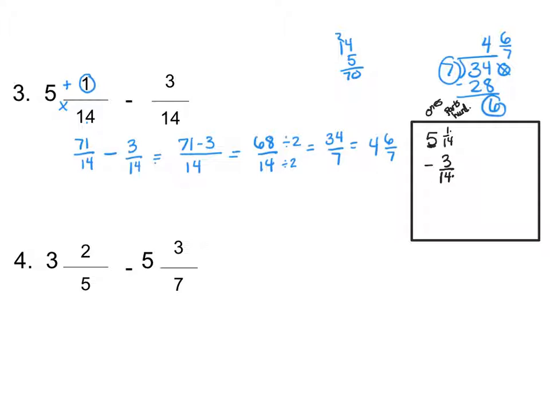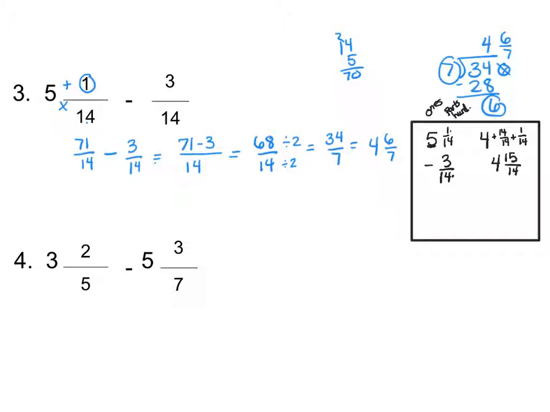I can't do that. So I have to get a whole here. So how many? It would be 4 wholes plus 14/14, right? Is 5, right? And then I have plus the 1/14. So how many 14ths is that? I have 4 15/14.